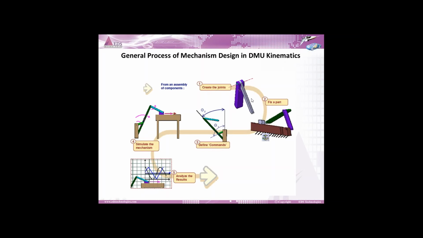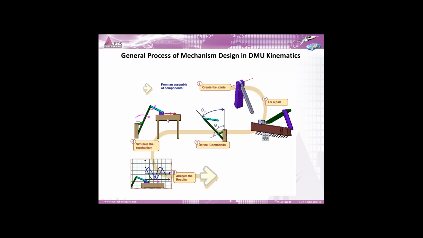Once you have given joints for all the parts, you define a fixed part. Once the fixed part is defined, you will be able to give a command so that your joints will act, or it will be able to replicate a motion on an assembly.